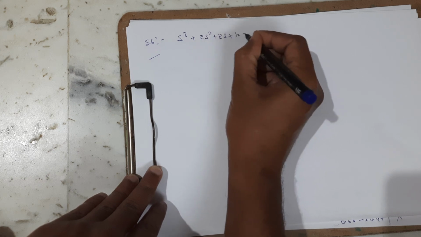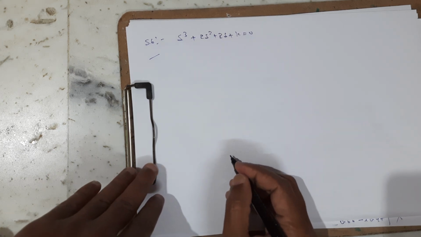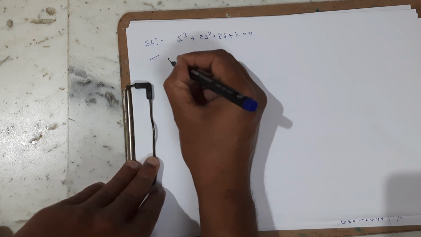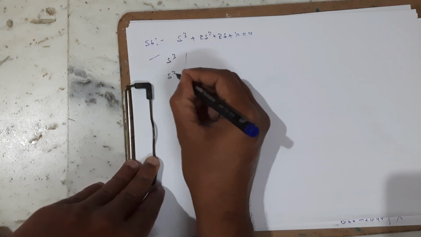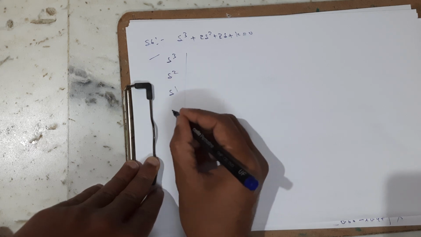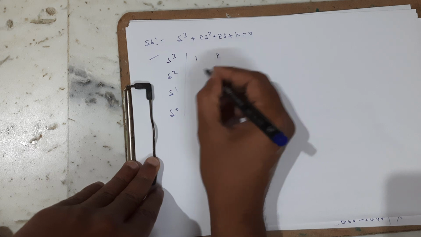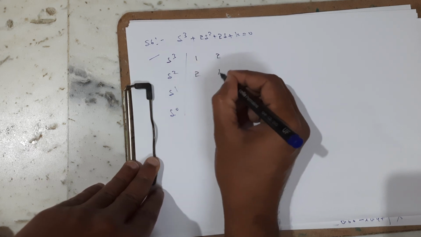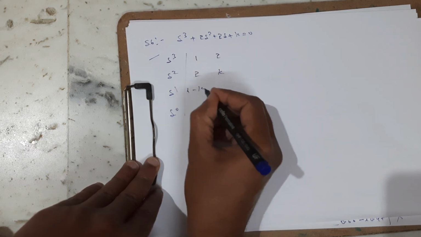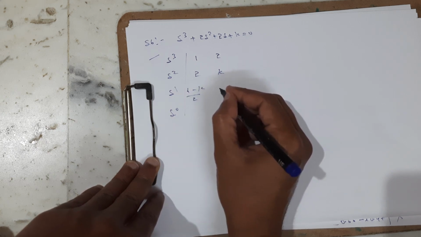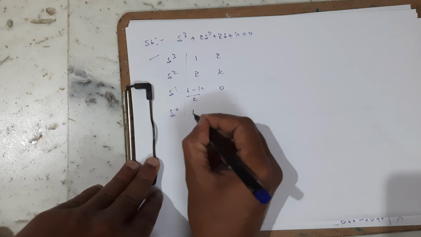So what we are going to do is draw the array: s cube, s square, s to the power of 1 and s to the power of 0. So this will be 1, 2, 2k, (4 minus k) divided by 2, next 0, and k into 0.